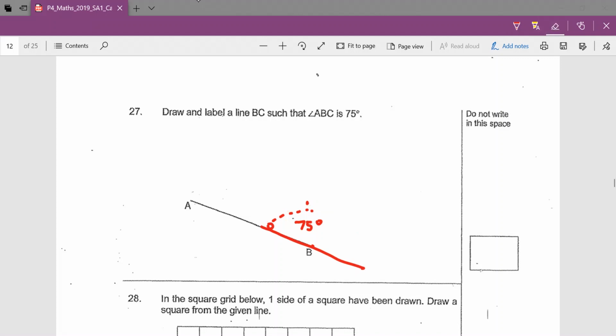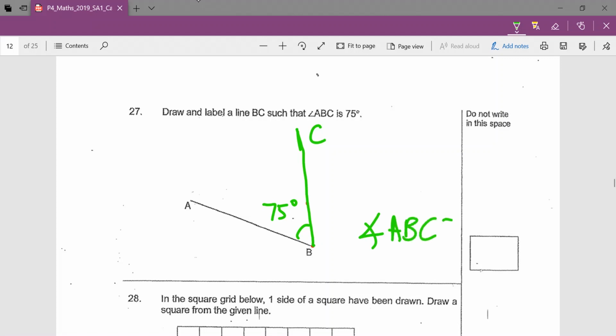And then I'm going to remove my protractor. I will see these 2 dots. I'm going to use my ruler, set it here, and draw that line. So this one would be 75 degrees, and this is C. So angle ABC is 75 degrees.